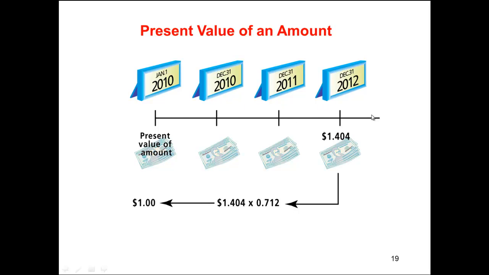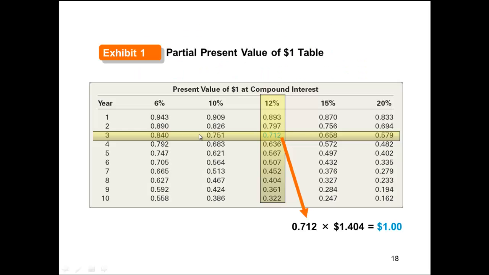And imagine how difficult it would be if it went on and on for maybe 20-something years. If we can understand how to use these tables, the present value of $1 at compound interest, and make sure we're using the right table, we can look at the year, we can look at the interest rate, and plug in the number it tells us to use, because somebody had to sit down and figure all this stuff out.